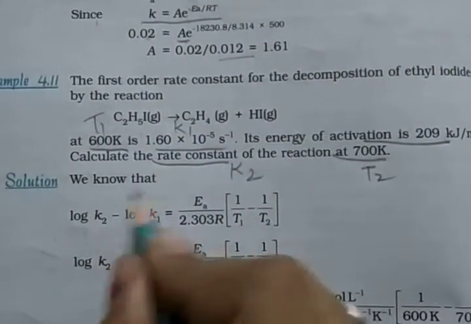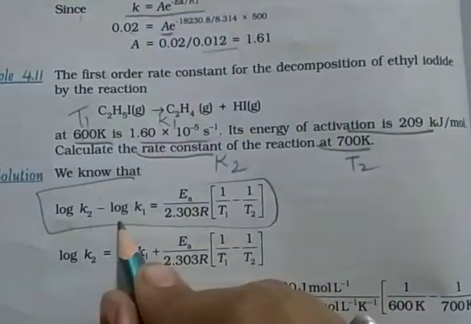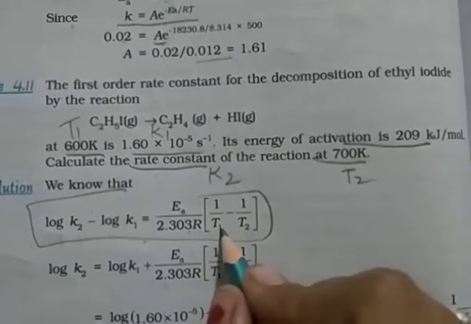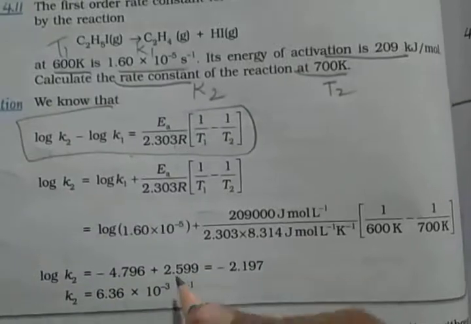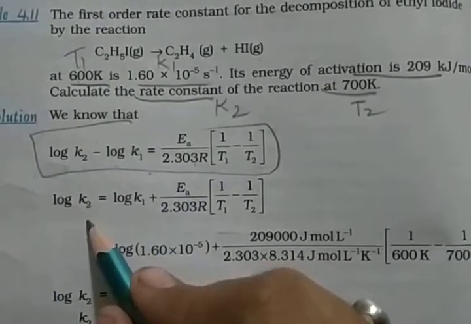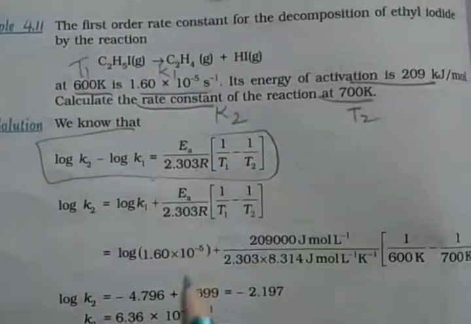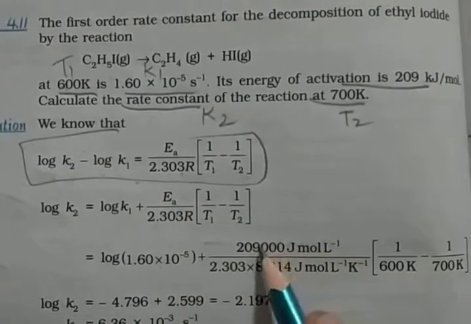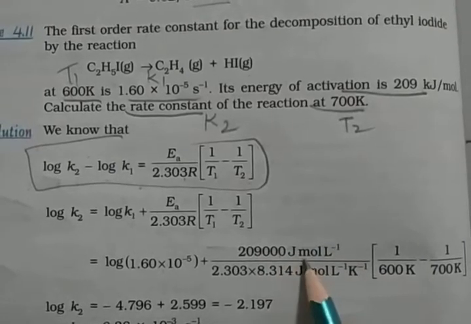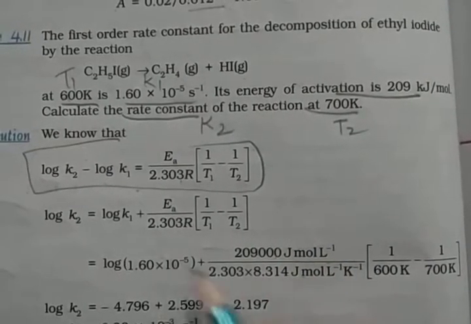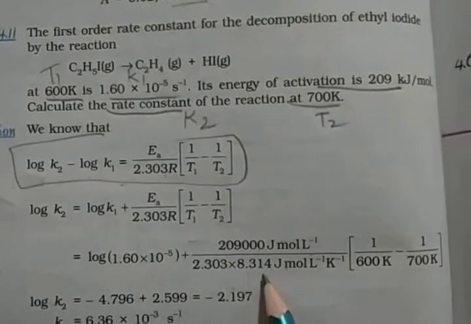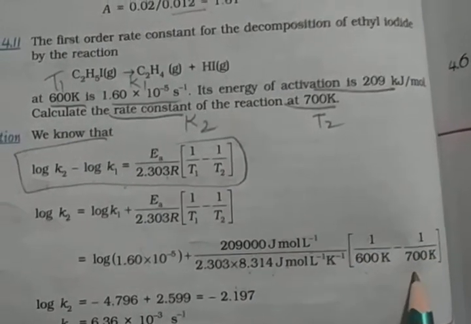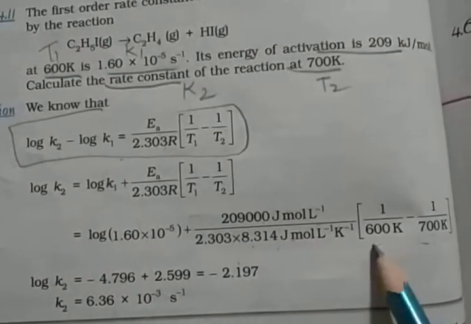The formula you already know: log k2 minus log k1 is equal to Ea upon 2.303 R, times (1 upon T1 minus 1 upon T2). Log k2 we have to find, log k1 value is given as 1.60 into 10 to the power minus 5, plus Ea 209000 joule per mole divided by 2.303, gas constant 8.314, 1 upon T1, 1 upon T2. T1 and T2 are given, and then calculate.